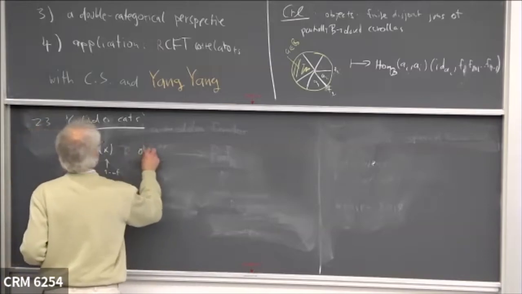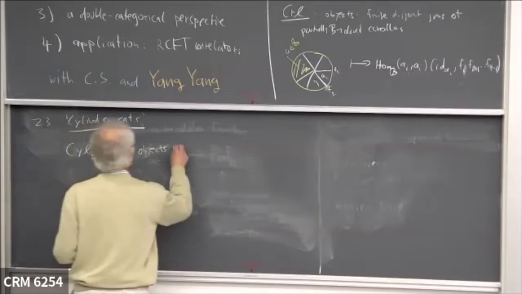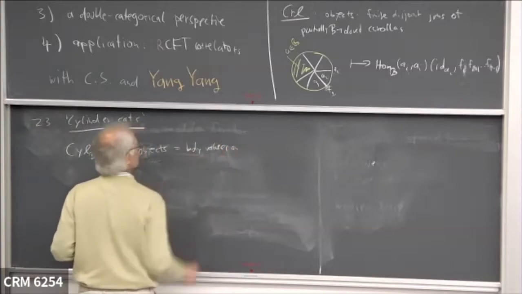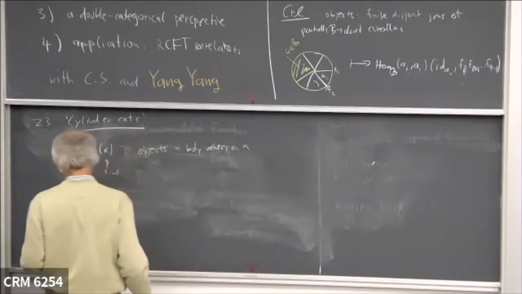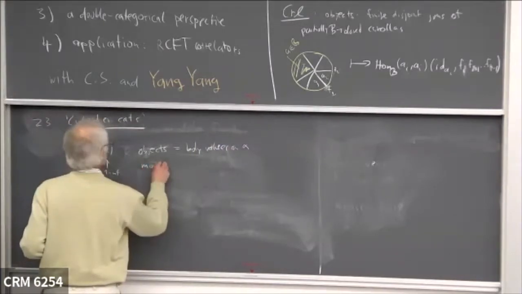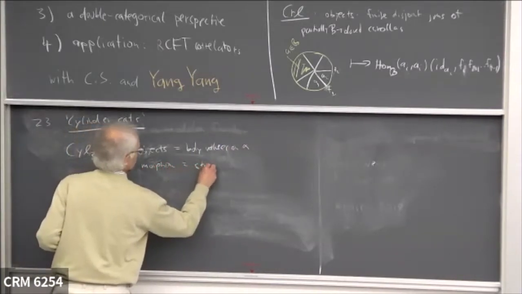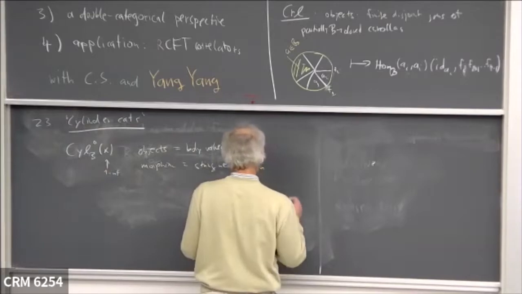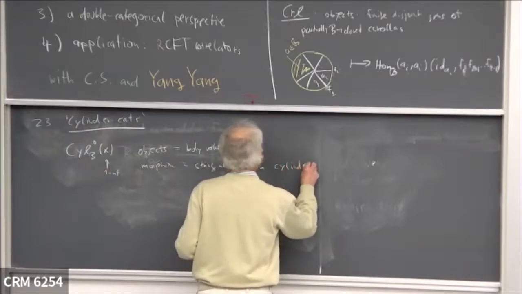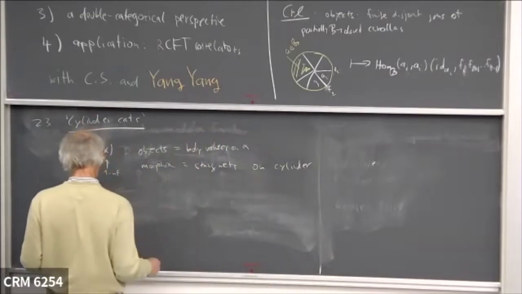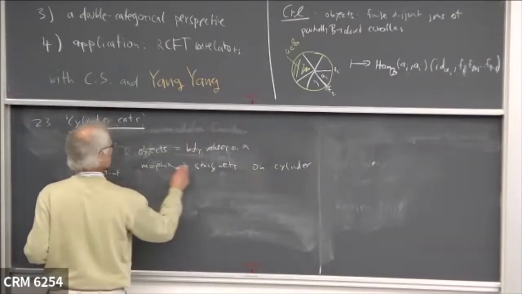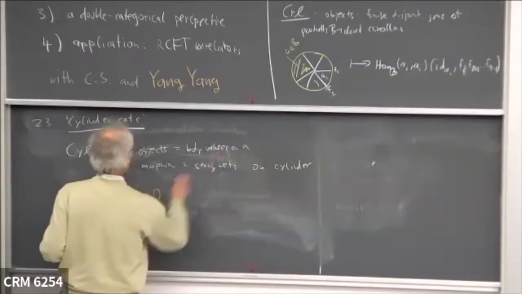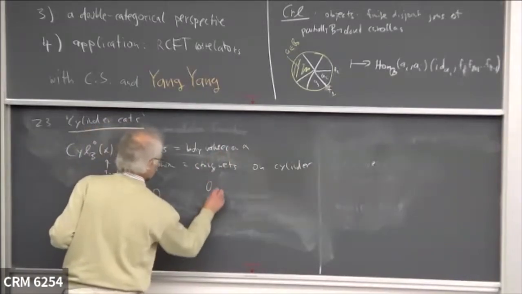Here, this is the category where the objects are the possible boundary values on this one-manifold alpha, and the morphisms are what I just called stringnets on a cylinder, where so this would be a morphism, say, if I have a boundary value B on a circle, another boundary value B prime.